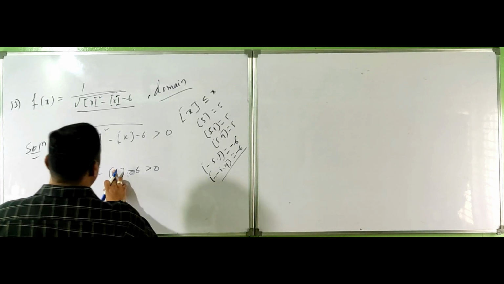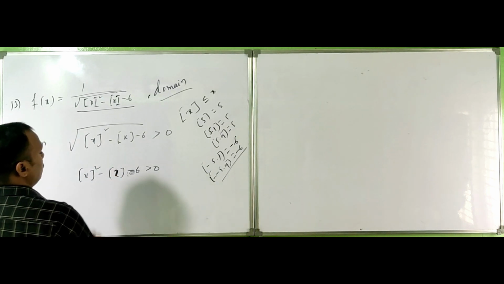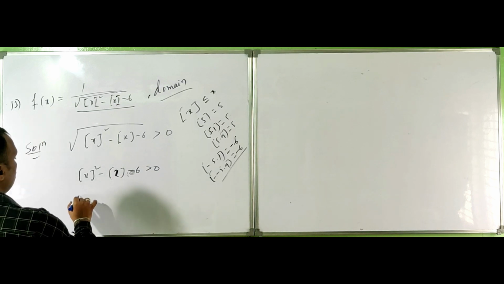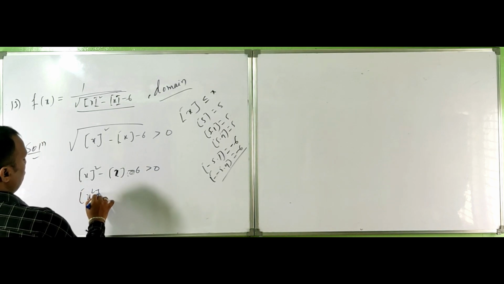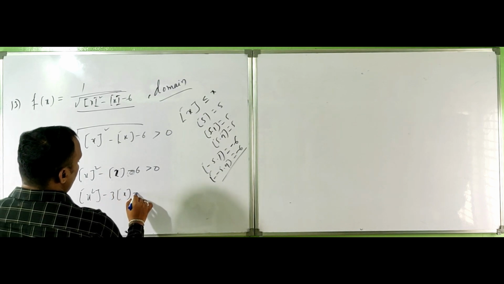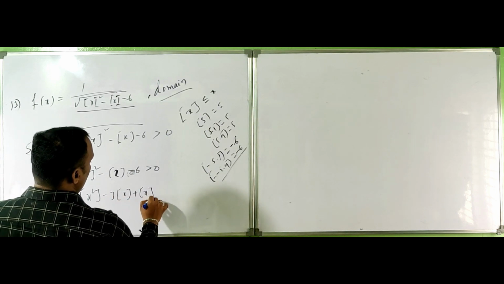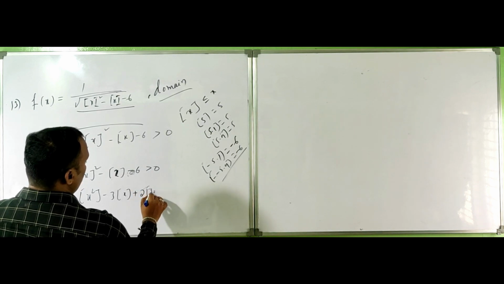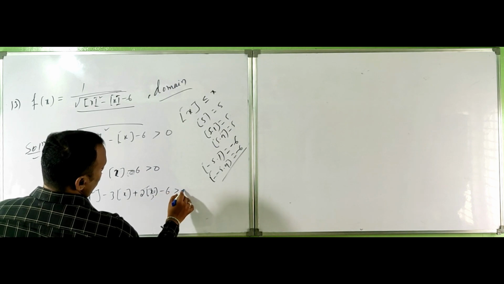This can be written as minus 3 plus 2, right? x square minus 3x plus 2x, minus 6 is equal to 0.